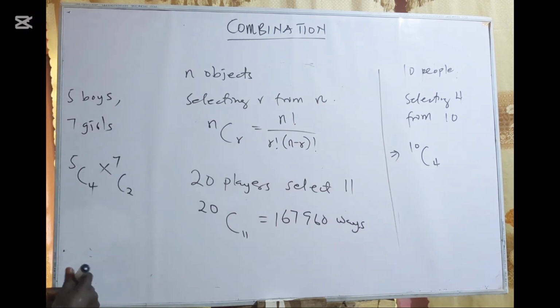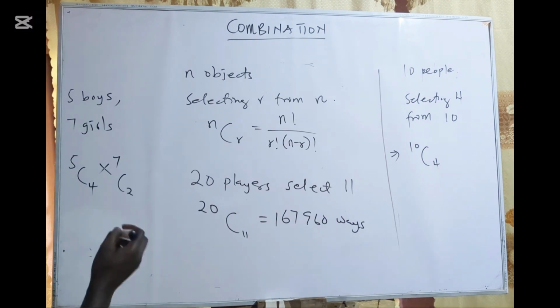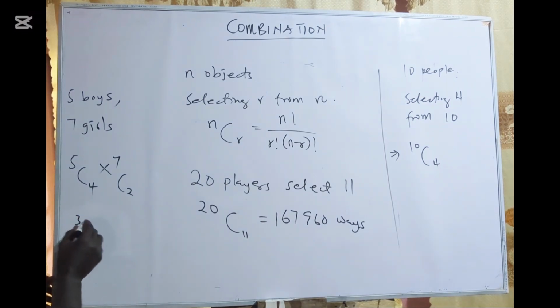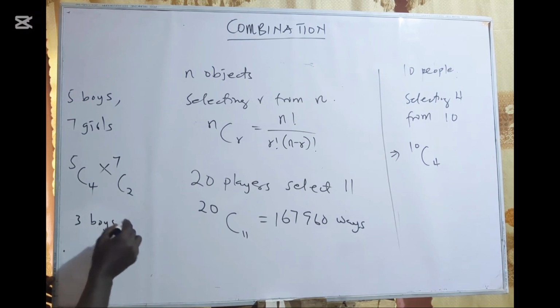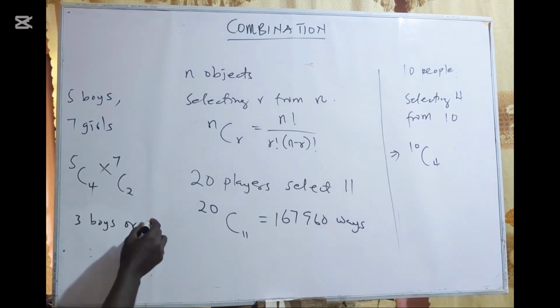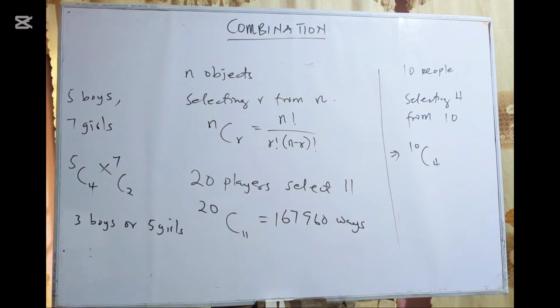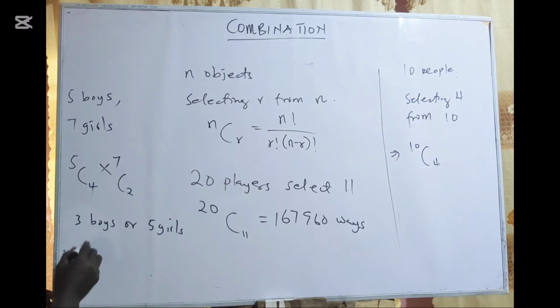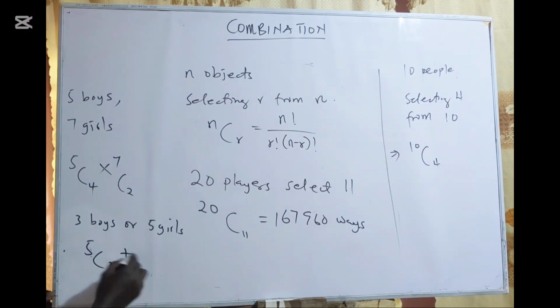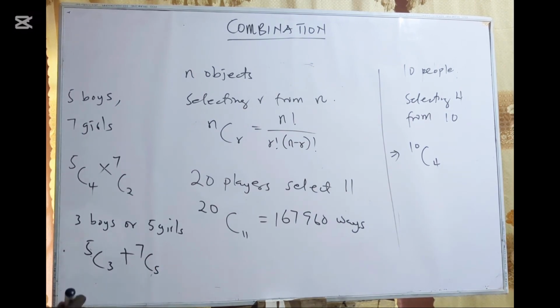Or, another way, let's say I'm supposed to select 3 boys or 5 girls. In how many ways can I select 3 boys or 5 girls, given 5 boys and 7 girls? If it is 'or', then I'm going to apply plus.